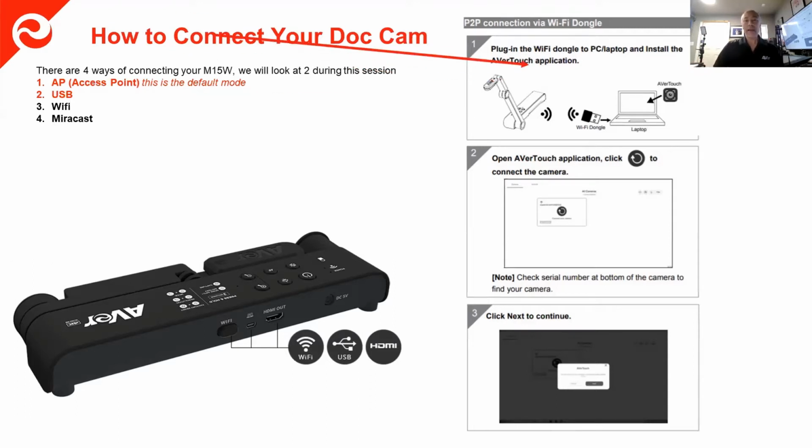So as it shows, the USB dongle will connect to your laptop or desktop into an available USB port. And then from there, the document camera already has a Wi-Fi dongle in there, so you don't have to worry about that. USB, once again, is just a direct USB cable directly to your desktop or laptop.